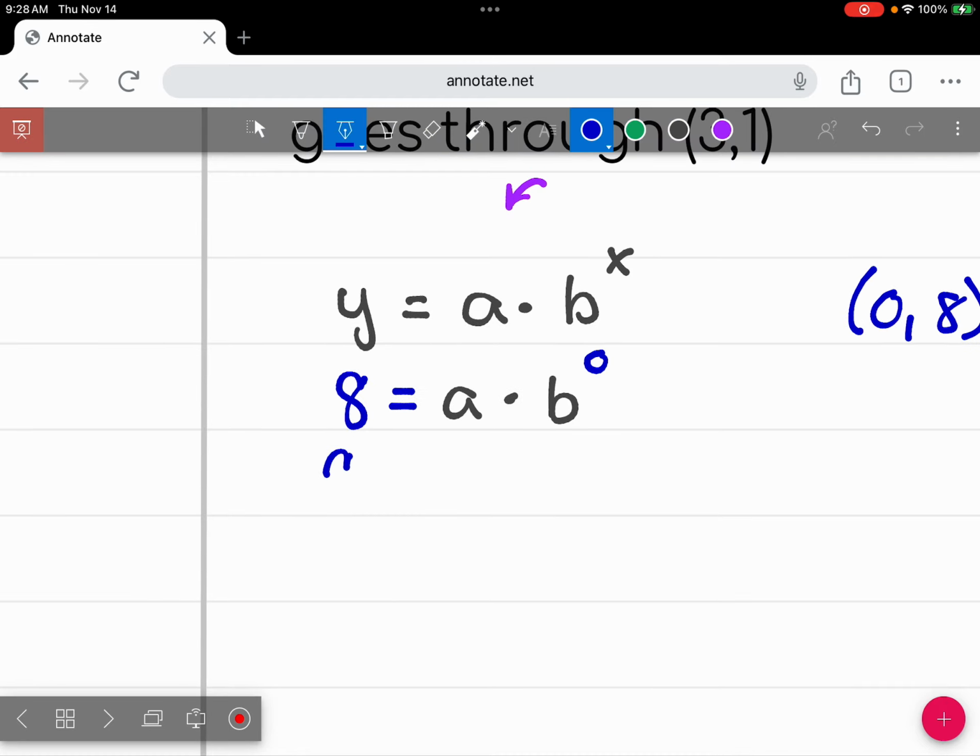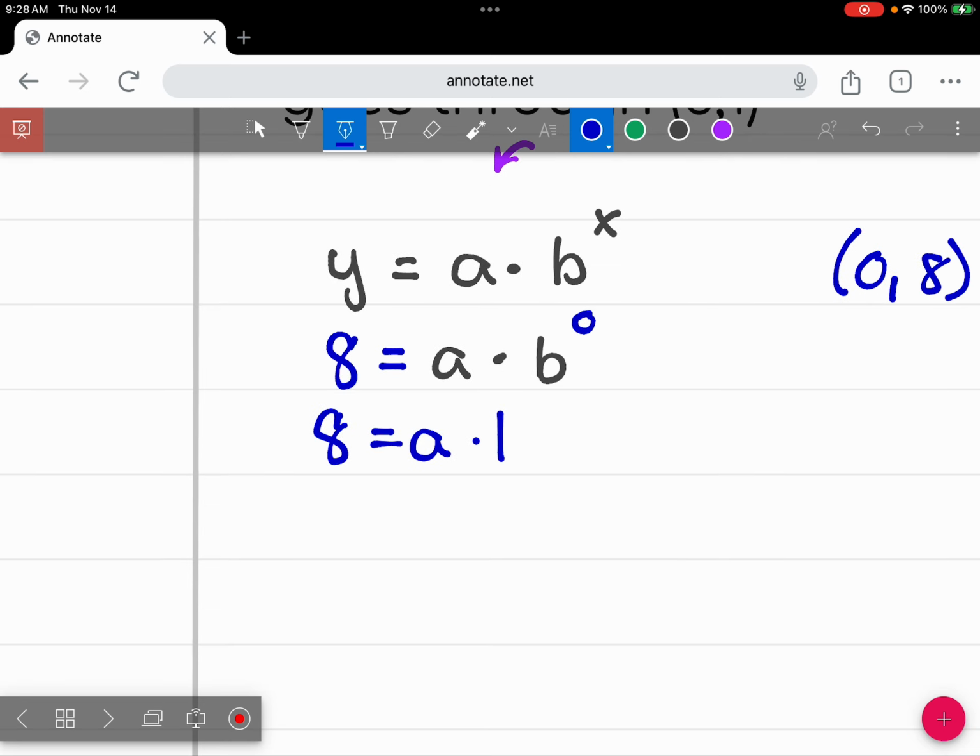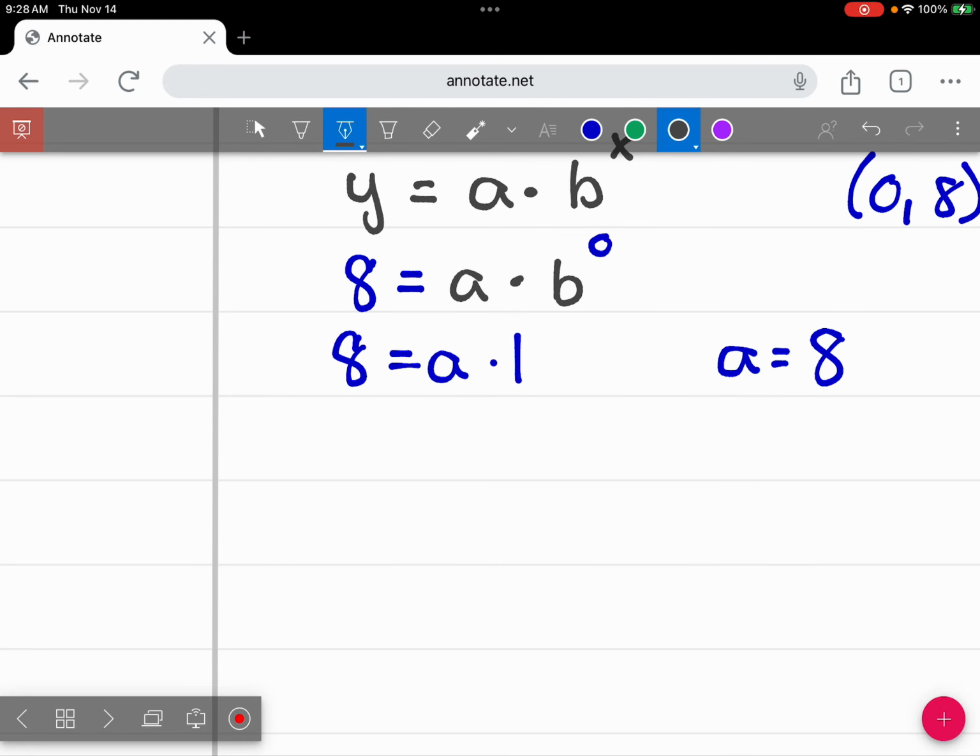So 8 equals a times 1. So what is a? A is 8. Look at the equation again. There you go. So now what I have is that my y equals 8 times b to the x.